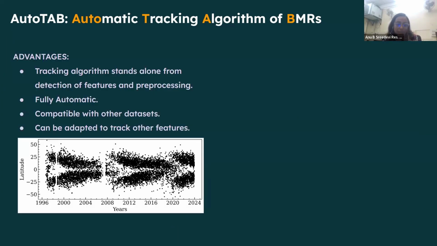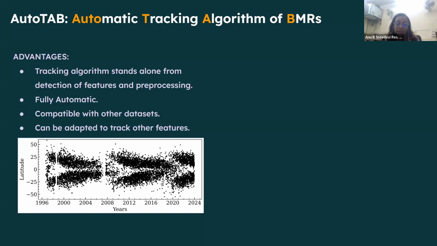Coming to the advantages of AutoTAB. The major advantage is that our tracking algorithm is a standalone algorithm, so you can use different detection methods; you just have to create the binary map, and then you can track it. It's fully automatic, with no need for any human intervention.